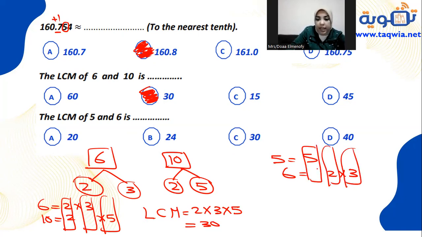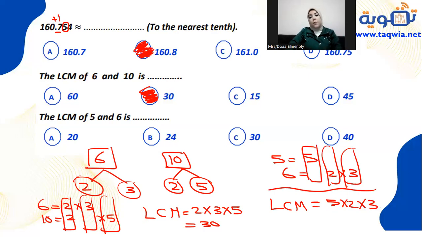We put each number in columns like this, and we get the least common multiple. So it's 5 by 2 by 3. 5 by 2 equals 10, 10 by 3 equals 30. So the least common multiple of 5 and 6 is 30.